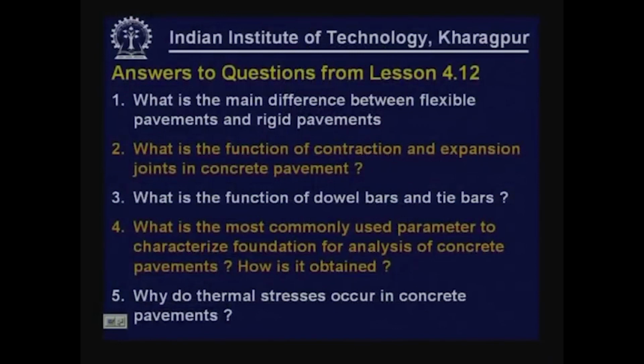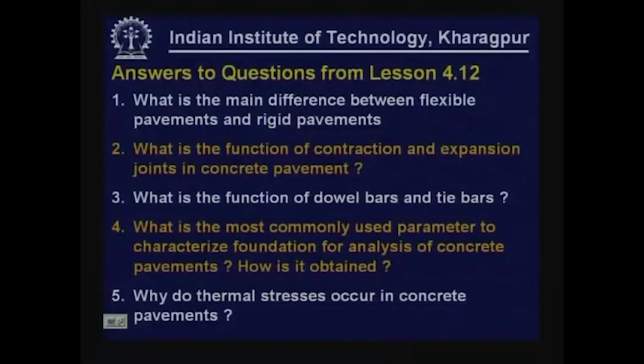Dowel bars are provided to provide load transfer mechanism from one slab to another slab, either across a contraction joint or across an expansion joint. On the other hand, tie bars are there to tie the two slabs together, see that the gap does not open, and thereby the load transfer mechanism is there through granular interlocking.